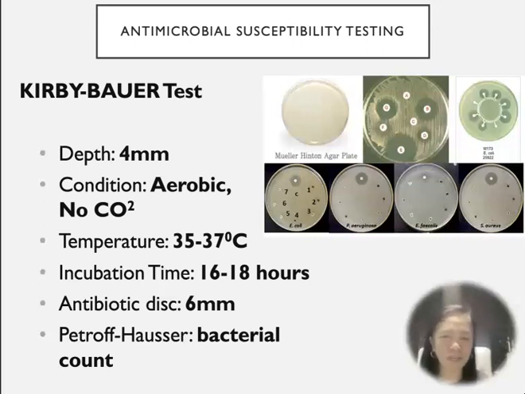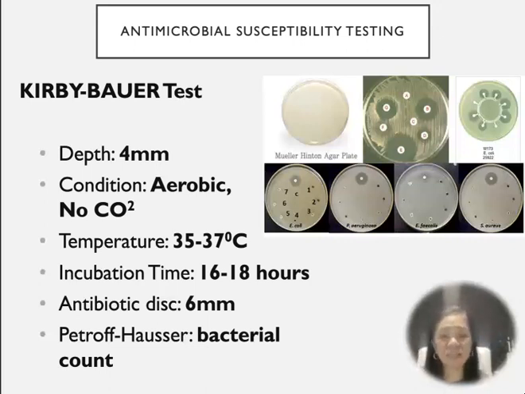You don't need to provide additional carbon dioxide except for specific organisms. Temperature is 35 to 37 degrees, the usual. Incubation time is 16 to 18 hours or overnight. Don't incubate too long because the results will become falsely susceptible.